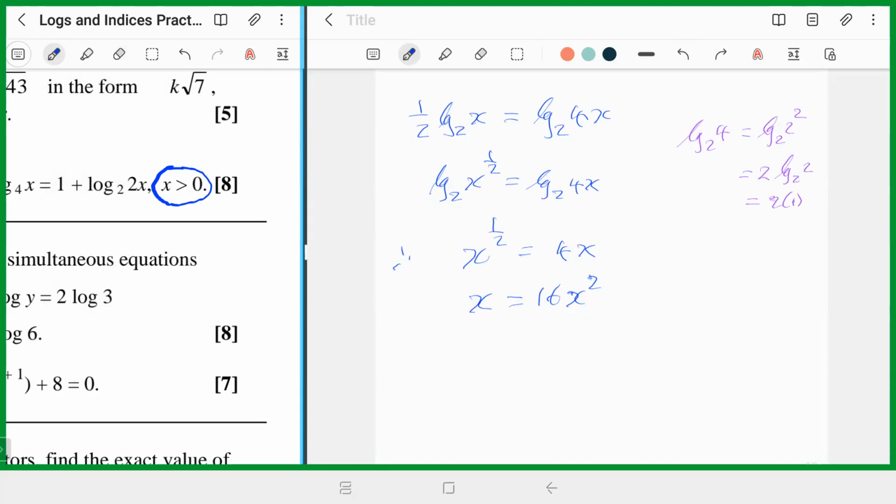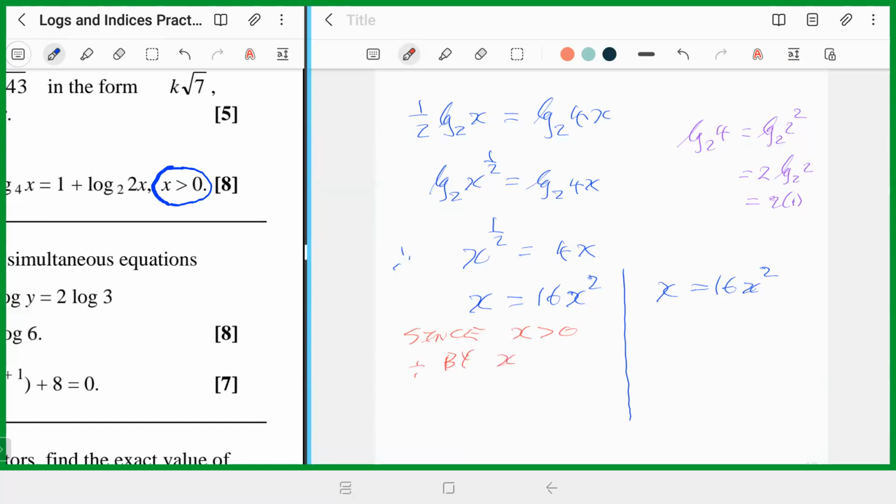Because otherwise you would solve, let me show you 2 ways to do it. Because one way is that you will get x equals 0 as a value which you cannot accept. So I'm going to solve x equals 16x squared 2 ways. I'm going to say since x is greater than 0, we can divide by the x.